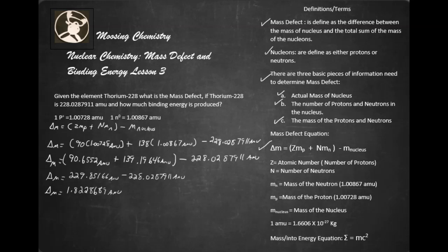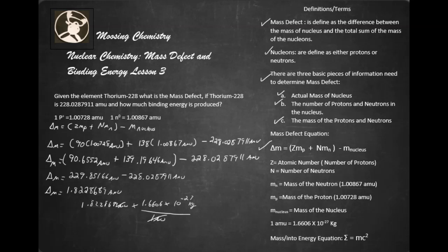Now we want to find the amount of energy, the binding energy. So the first thing we have to do is convert the AMU into kilograms. So we go 1.8228689 AMU times 1.6606 times 10 to the negative 27 kilograms divided by 1 AMU.